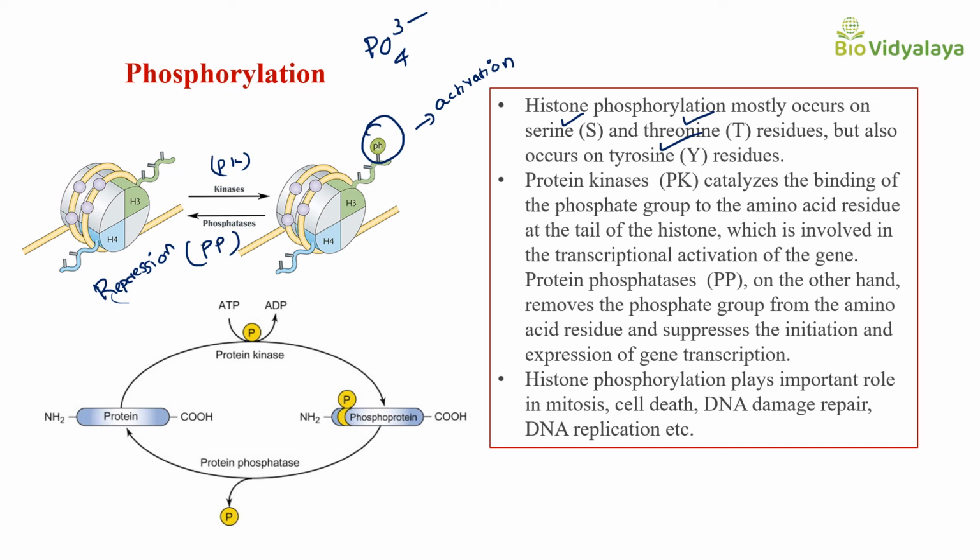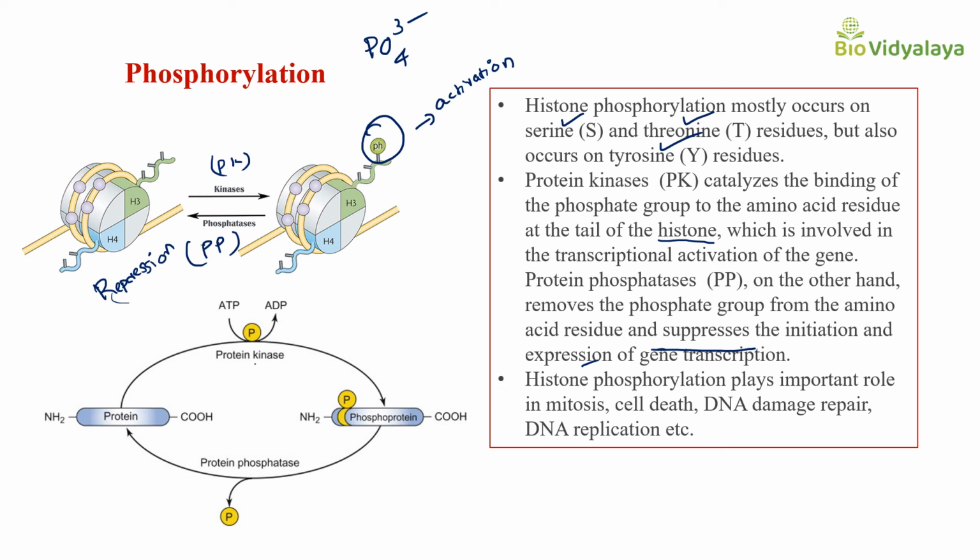So protein kinases catalyze the binding of phosphate group to the amino acid at the tail of the histone, which is involved in transcriptional activation of the gene, and protein phosphatases on the other hand remove phosphate group from the amino acid residue and suppress the initiation and expression of gene transcription. This is very important. Phosphorylation will lead to gene activation. Dephosphorylation will lead to gene suppression.